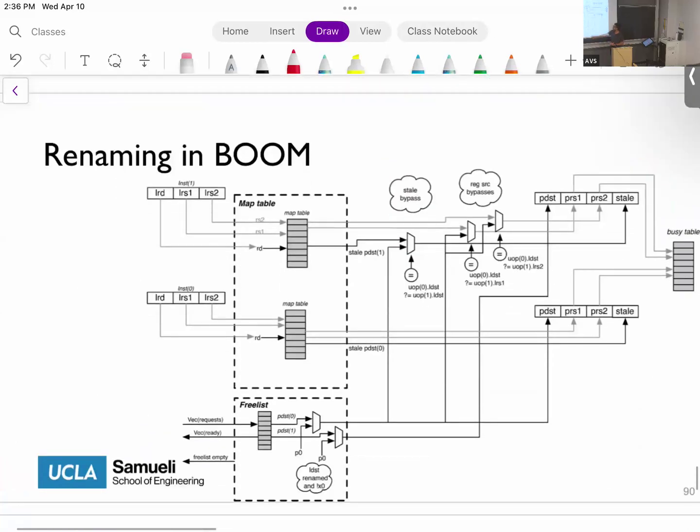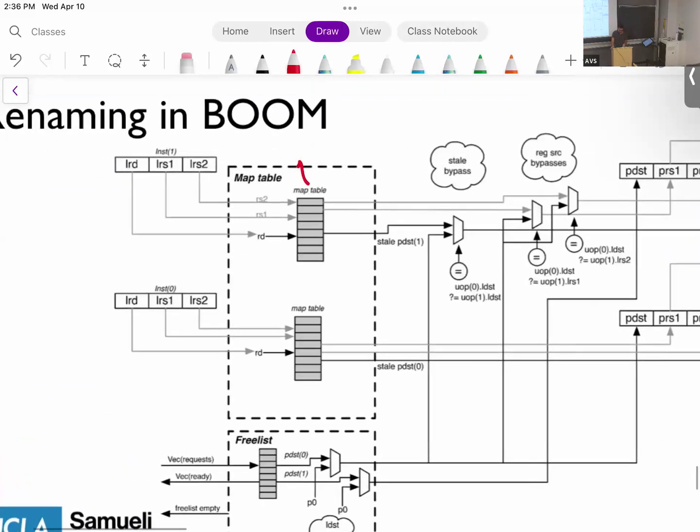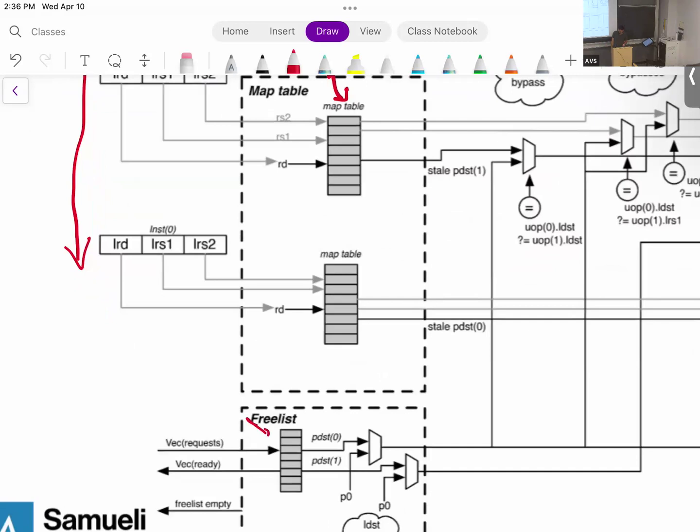So what is implemented in BOOM? In BOOM, we're gonna do the explicit, as I said. So we're gonna have the map table here. And then essentially, if I have a bunch of different instructions, since this is a superscalar processor, as I said before, you can have multiple of these map tables, right? And then you will also have your free list.